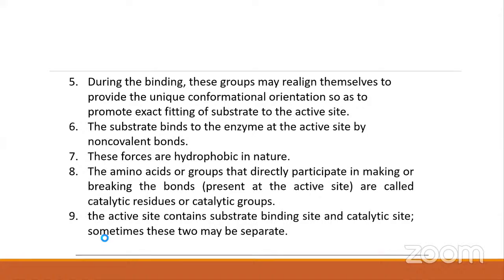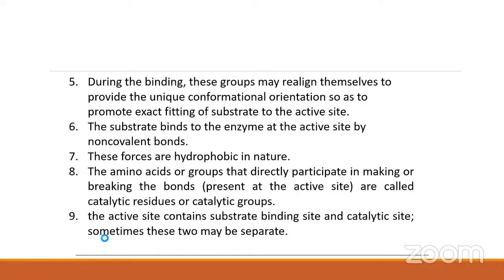Now, the substrate binds to the active site of the enzyme by non-covalent bonds, and these forces are hydrophobic, you know the meaning of course. As I said, at the active site there are specific amino acids or groups that help the substrate to bind to that site.